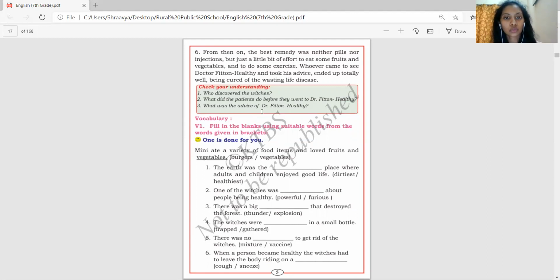What did the patients do before they went to Dr. Piton Healthy? They put a little bit of effort to eat fruits and vegetables and do some exercise. See, like we read it. Question number 3. What was the advice of Dr. Piton Healthy?